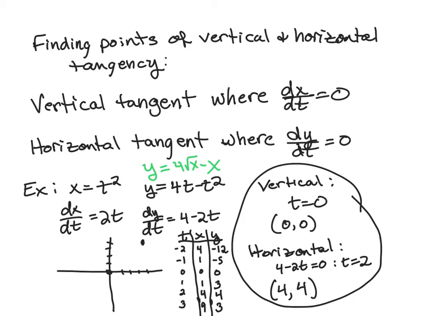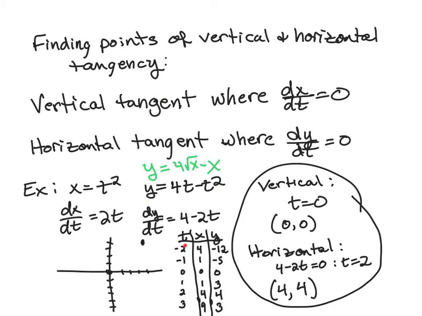Sorry. 1, 2, 3, 4, 5. All right. 4, negative 12 is way down here off the thing.